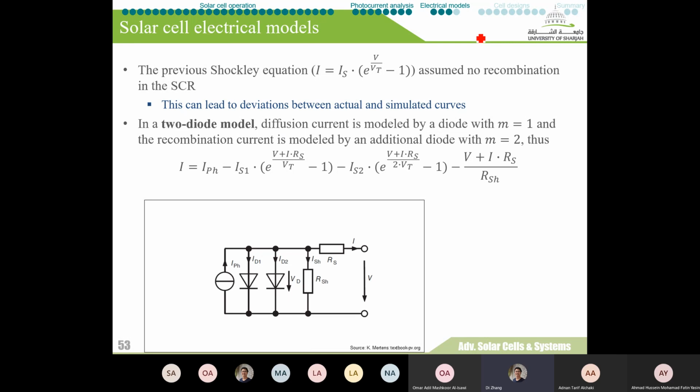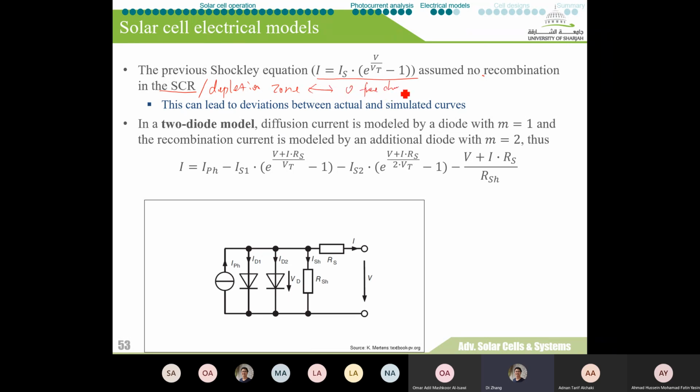So the problem with the previous simplified equation is that it assumes no recombination inside the space charge region. Remember, we also call the space charge region the depletion zone or depletion region, meaning that in this region we are expecting zero free charges.